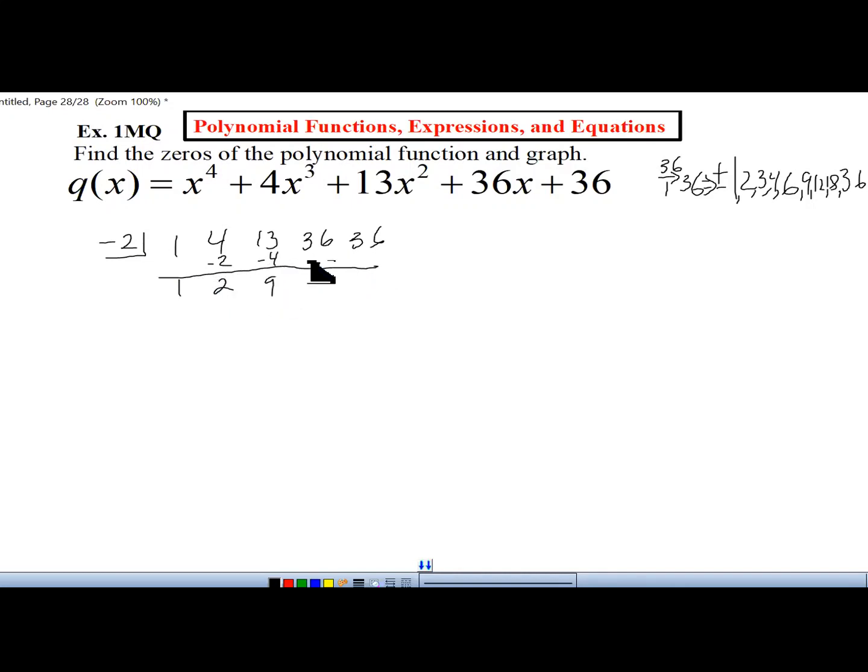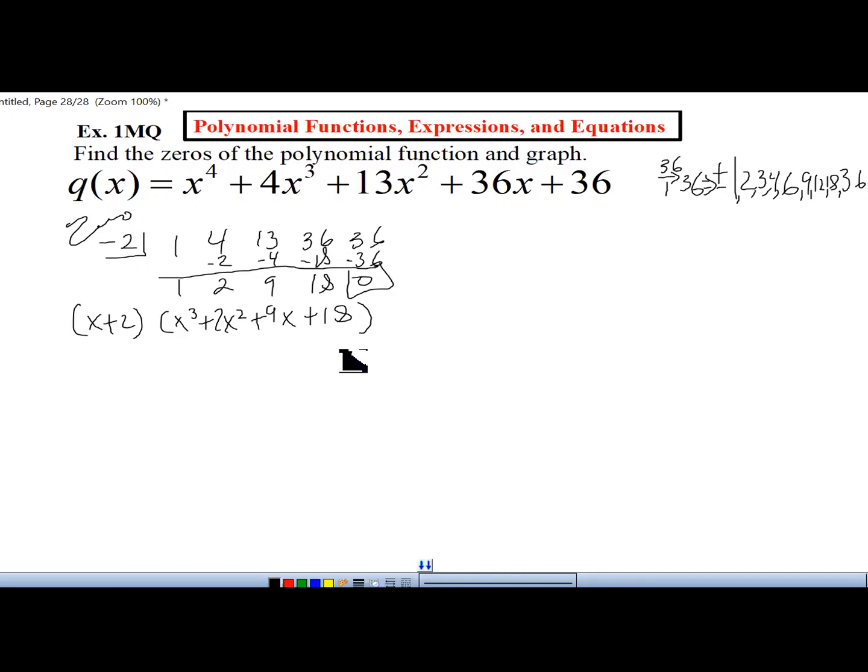Combined, that's 9. -2 times 9, -18. Combined, that's 18. -2 times 18, that's -36. And that's our 0. So we write it as x plus 2. What do we have left? x cubed plus 2x squared plus 9x plus 18. You're like, Mr. Q, we have to do it again. I know. However, look up.